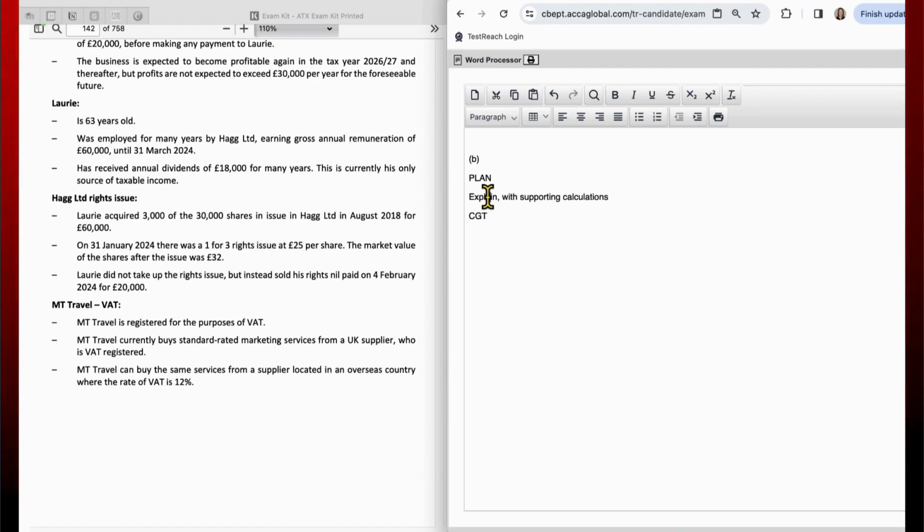So I'm going to start off with the word processing answer space, and then I'm going to either refer my marker to the spreadsheet, or maybe I'll just use the table function within the word processing answer space if I think that calculation is not going to be really too much. Quite often with the explain with supporting calculations command, you can actually just do little mini calculations.